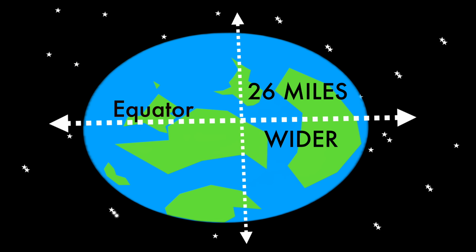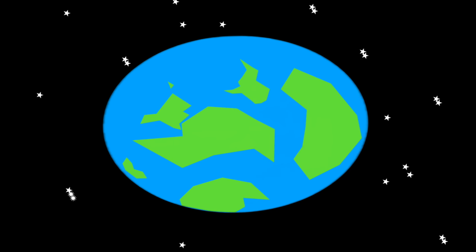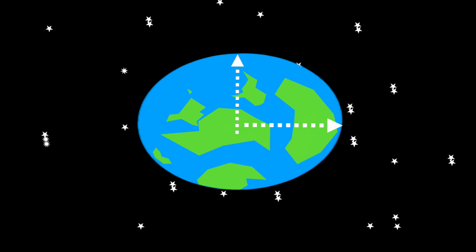Because of this continuous spin, the distance around the equator is actually 26 miles wider than the distance from pole to pole. You weigh slightly less at the equator than you do at the North Pole because you are physically further away from the Earth's center of mass.